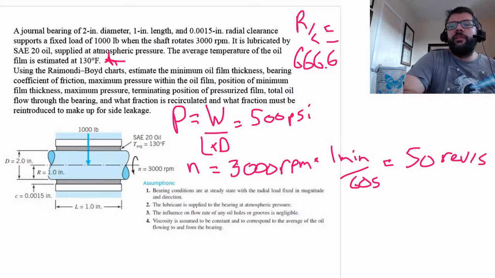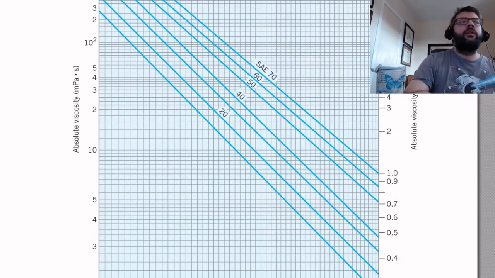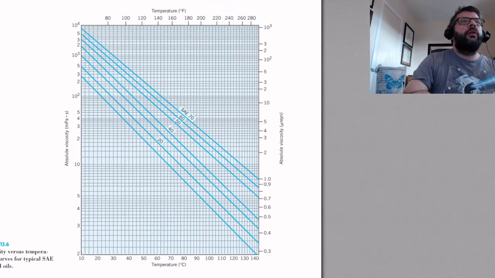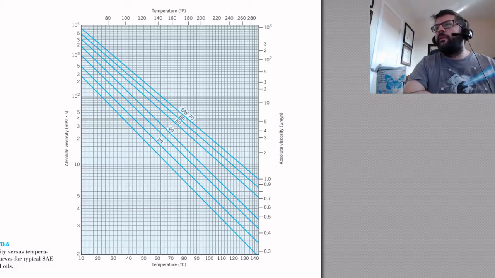Next thing we'll need is our viscosity. So we flip over to our chart here. Let's resize this a bit so you can see it better. There we go. Again, this is figure 13.6 from Juvinall. We are operating at a temperature of 130 degrees Fahrenheit, so let's draw a straight vertical line there. That looks a bit better.